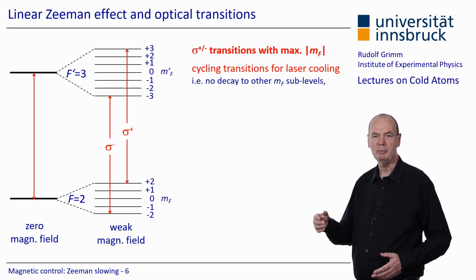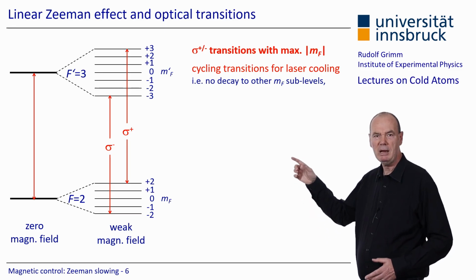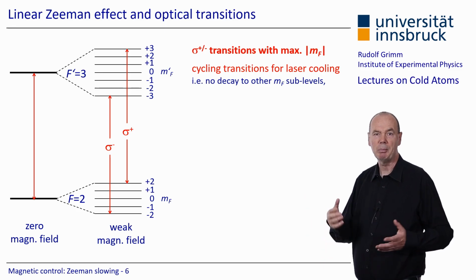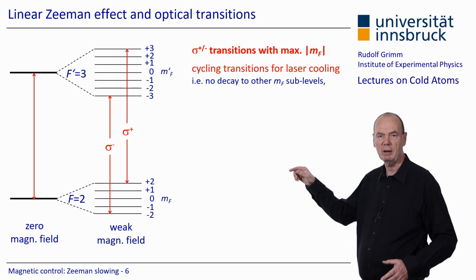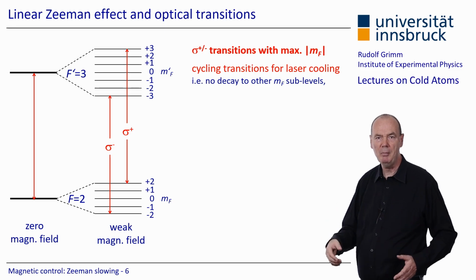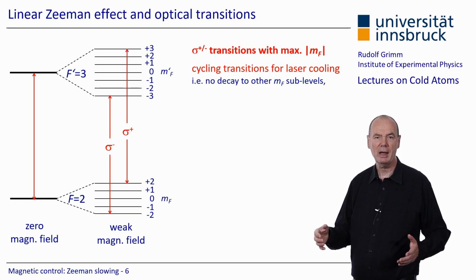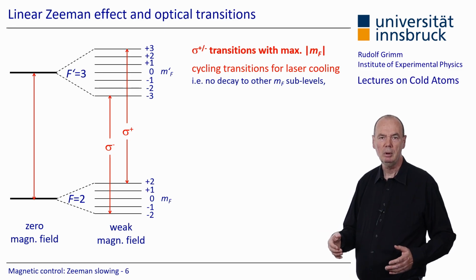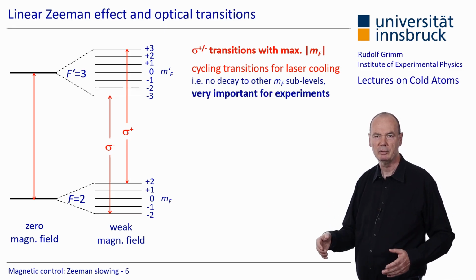After excitation from the m equals +2 ground state to the m prime equals 3 excited state, by sigma plus light, it can only decay back into the m equals +2 Zeeman sublevel of the ground state because the maximum possible change of m is 1. The same is true for sigma minus light and negative m. This selection rule suppresses unwanted excitation processes very efficiently. This can be very important for real experiments.